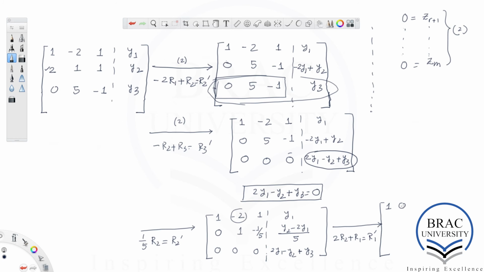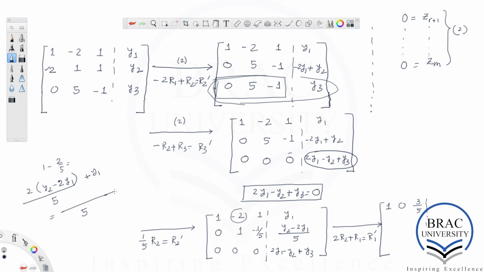Then one has 1 minus 2 over 5, which is 3 over 5 here, and you multiply this guy with 2, right? 2y2 minus 2y1 over 5, added to y1, right?